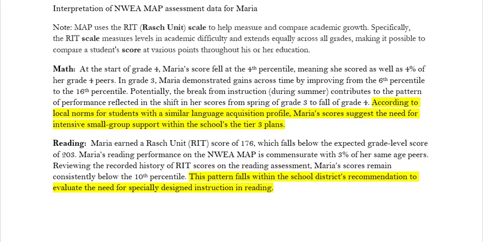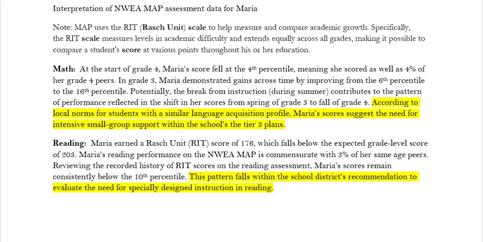Now, in the area of reading, Maria's score is consistently below expected grade level scores every time she takes this assessment. Her discrepancy from same age peers is significant because her score is below the 10th percentile time and time again that she's taking this test.